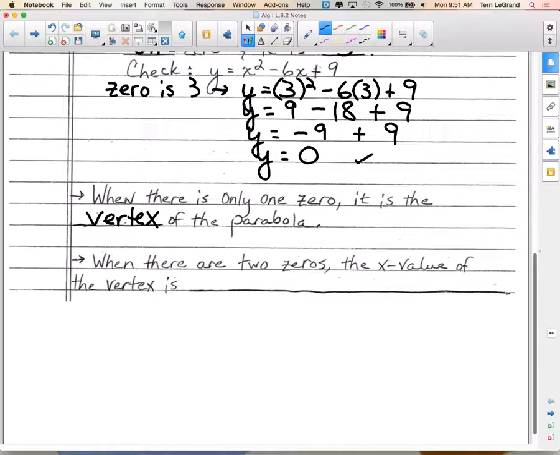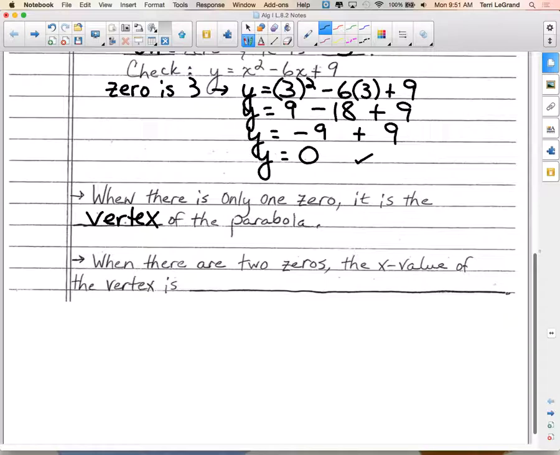When there are 2 zeros, let's look at our assignment number 124. How many parabolas do we have on that assignment? 6? I think we have 5 because the first one's linear, isn't it? We have 5 of them. How many zeros do those guys have? Are there any that have no zeros?